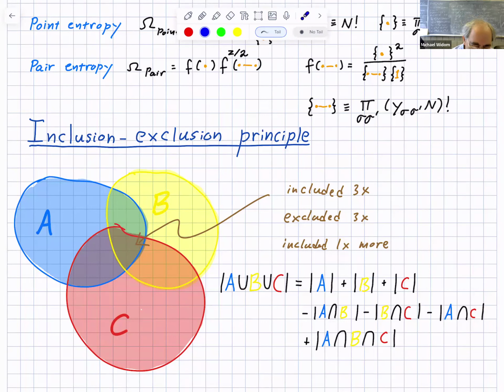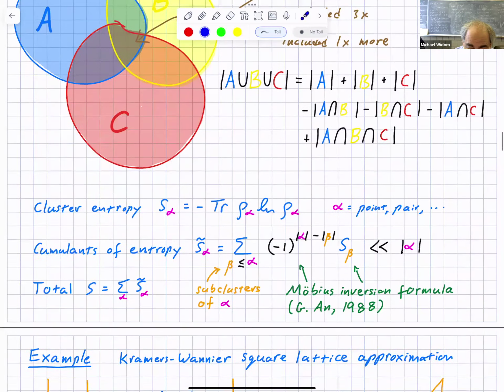And if we had 2 identical copies of B, well, then we would probably have to put some interesting factors in here in order to make things absolutely correct. So there's going to be some funny algebraic rule for carrying out this calculation.